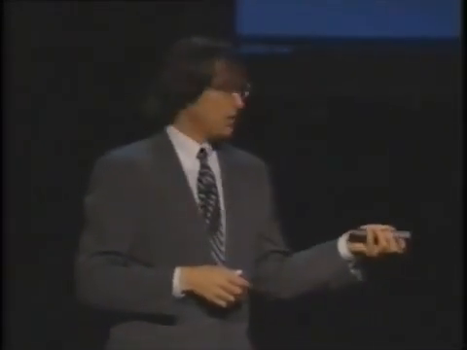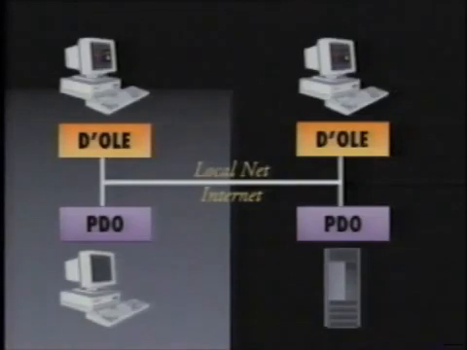And so generically, this is what you can do. You can have Windows machines talking to Windows machines. You can have Windows machines talking to Unix servers running PDO. Or you can have it talking to NT servers running DOLE. Or you can have it talking to OpenStep or NextStep clients, which have PDO embedded within them. Any permutation here works seamlessly.